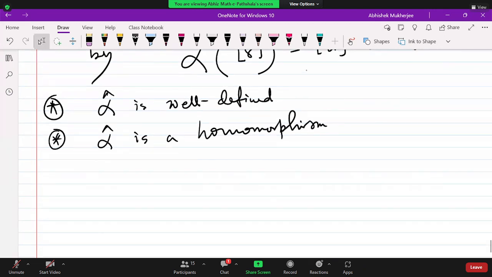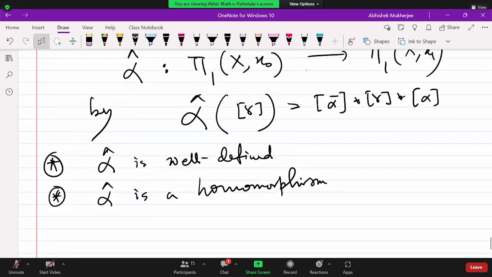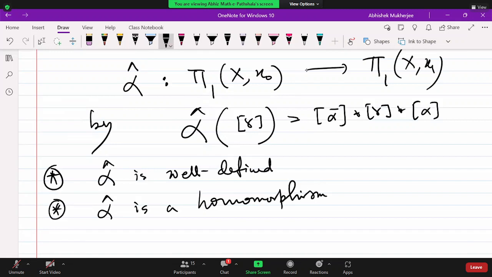Okay, just using two paths: one is the class of gamma, and another one is the class of sigma, and then take the composition, the concatenation there. You know that alpha star alpha bar is always homotopic to the constant path at x naught, right?